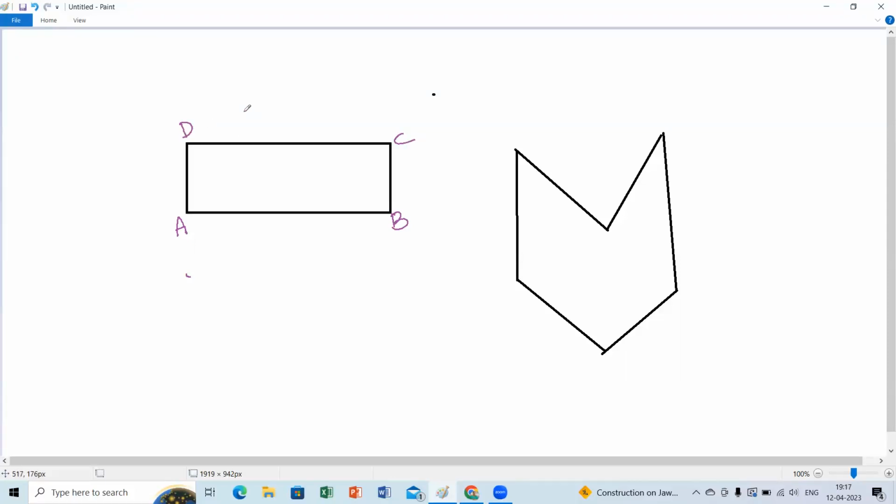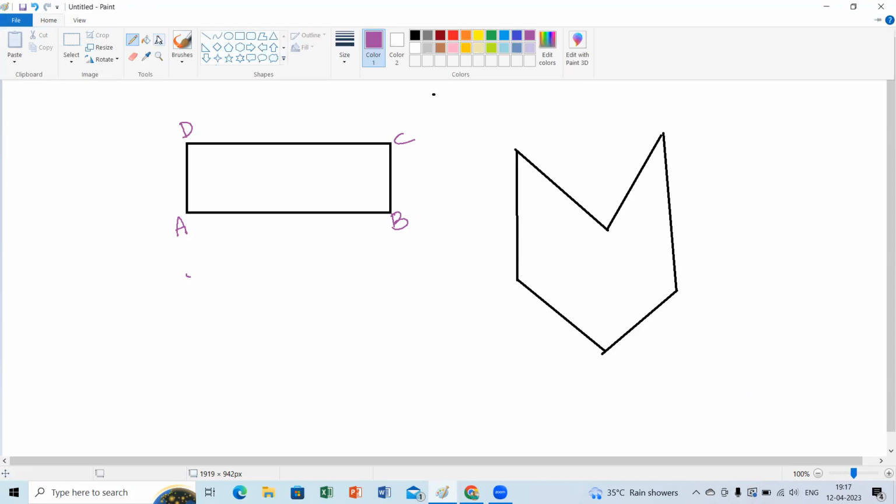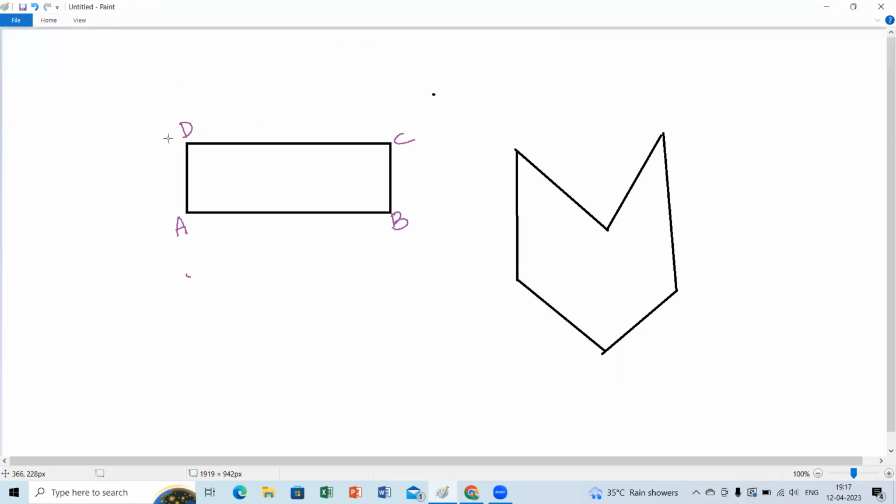If I connect the opposite vertices, what are the opposite vertices here? A and C. Very good. A and C is a diagonal. If you connect the opposite vertices, you will get diagonals.